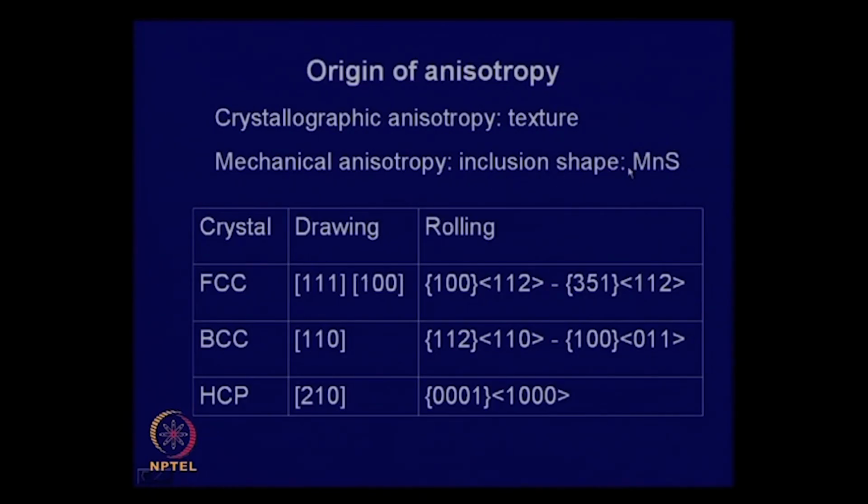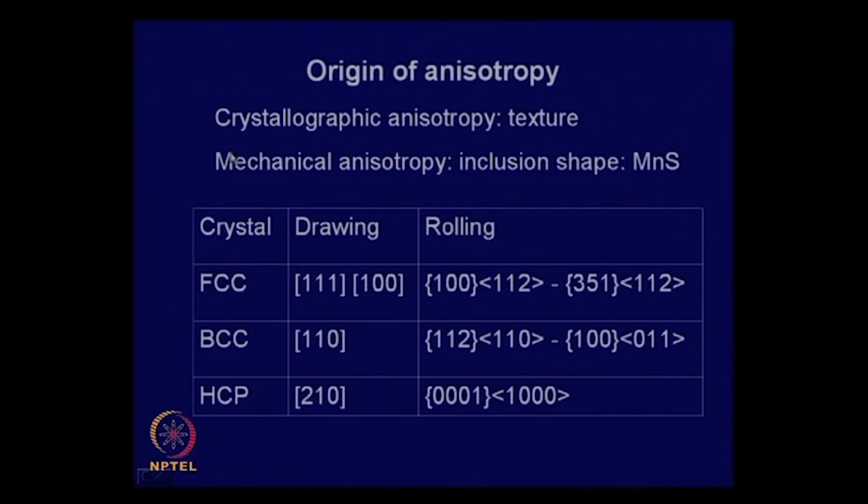So, in the material you will have this elongated manganese sulphide along the rolling direction. Therefore, the microscopic arrangement of different phases has a certain pattern, which will make the property anisotropic.